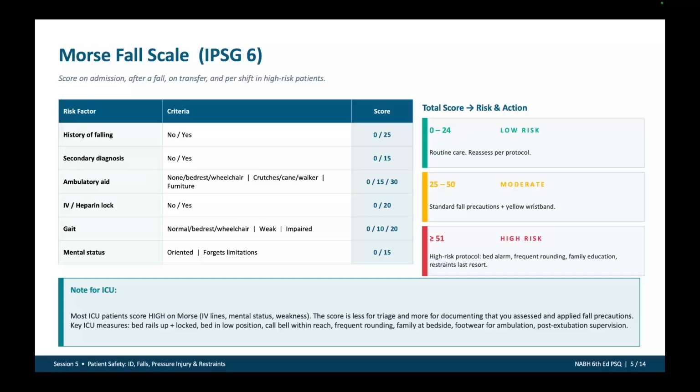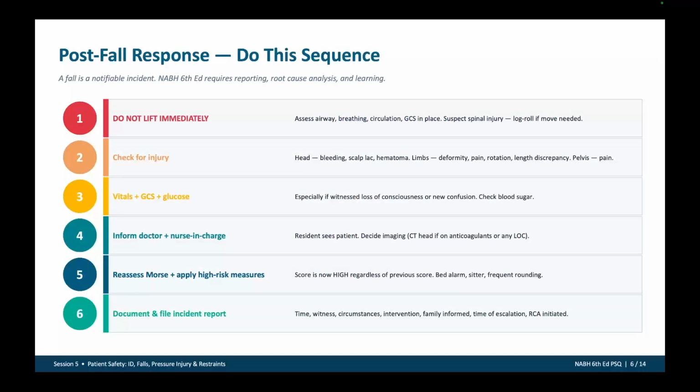The key ICU measures include bed rails up and locked, bed in low position, call bell within reach, frequent rounding, family at bedside, footwear for ambulation, and post extubation supervision. Post fall response: use this sequence.